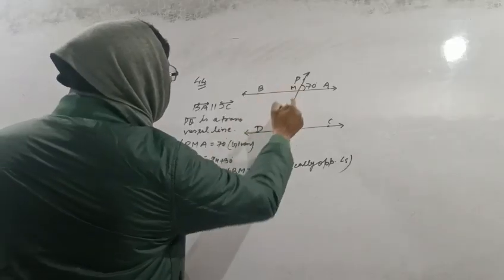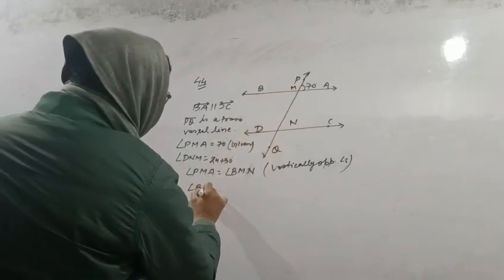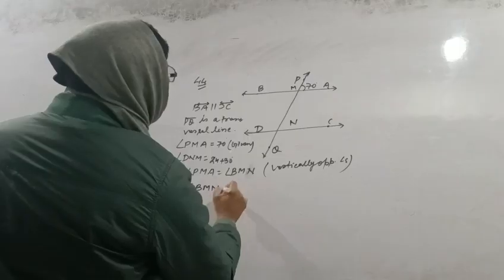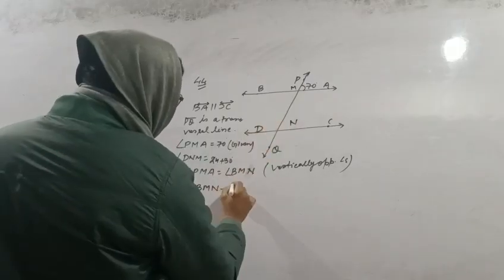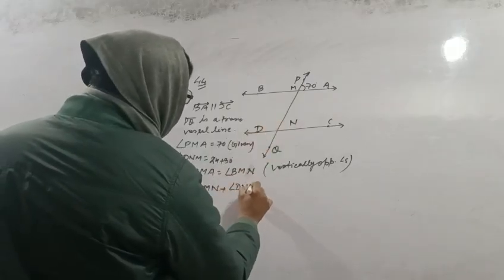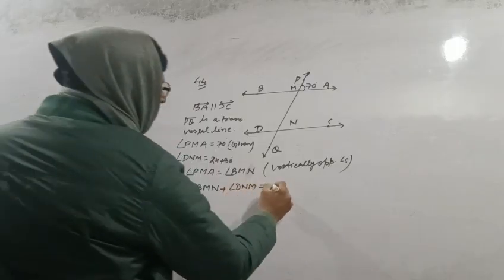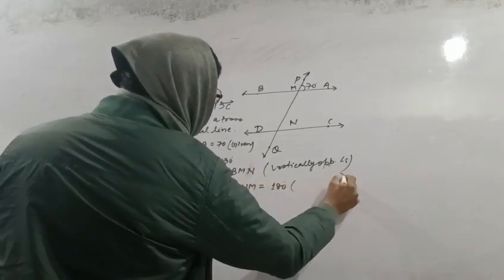So angle BMN plus angle DNM is equal to 180 degrees.